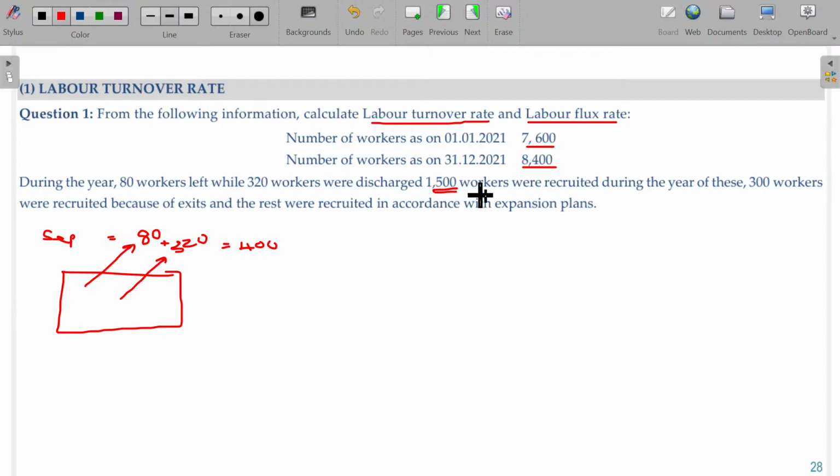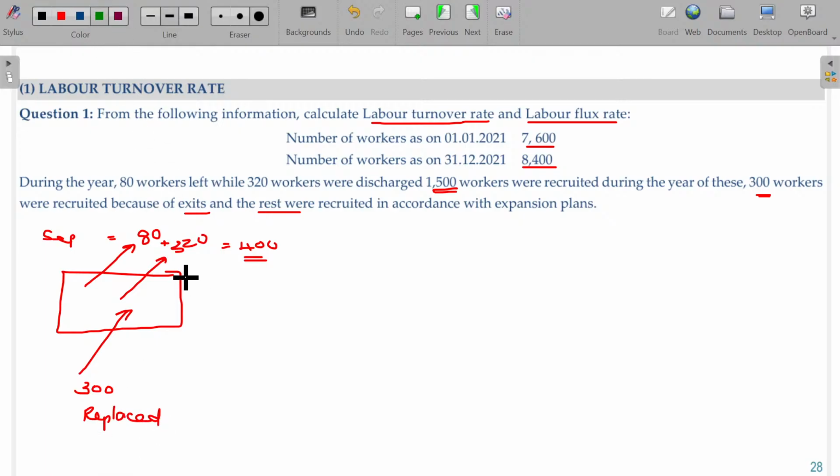And 1,000 workers were recruited during the year. Of these, 300 workers were recruited because of the exits, and the rest were recruited in accordance with the expansion plans. 400 were lost, and in that place we appointed 300 employees. They are called replaced.